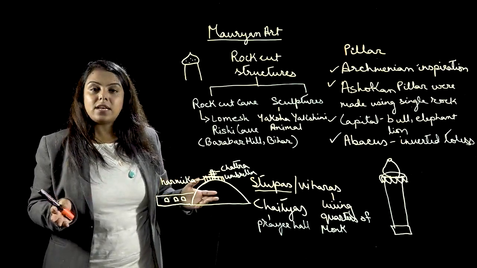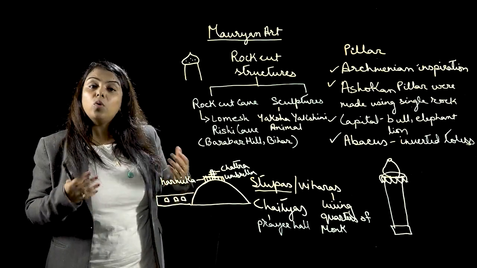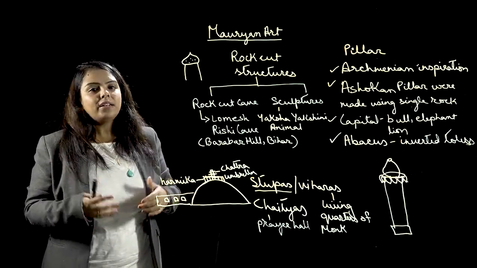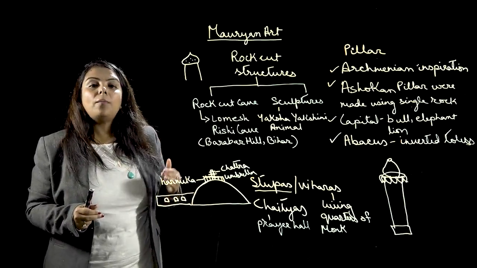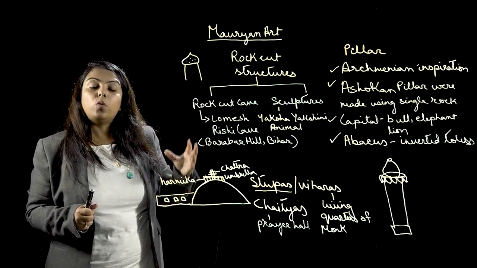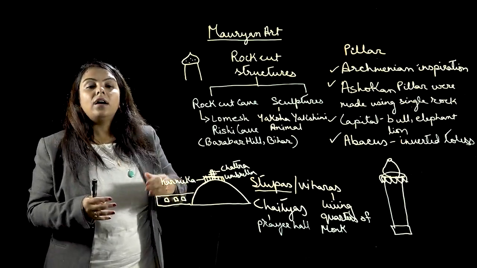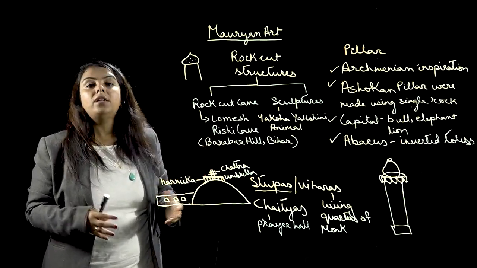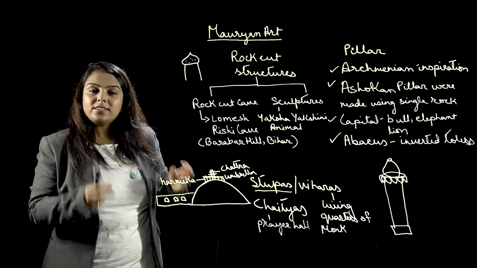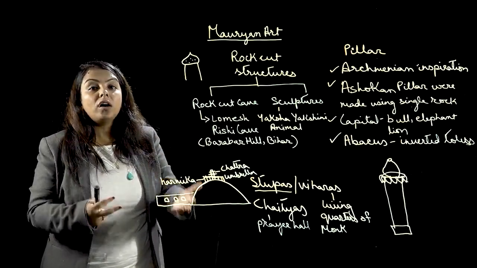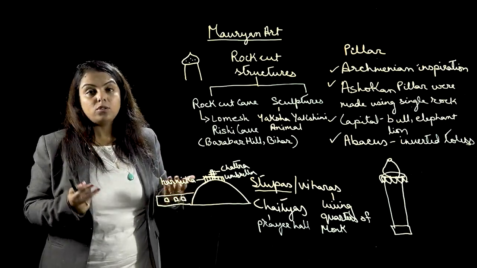In many instances the workers who worked on a stupa are not named, but at Sanchi stupa we know about the ivory guild workers who donated an elaborately ornamented gate to the stupa. So, these are certain incidents where we come to know who worked to build or create the stupa.